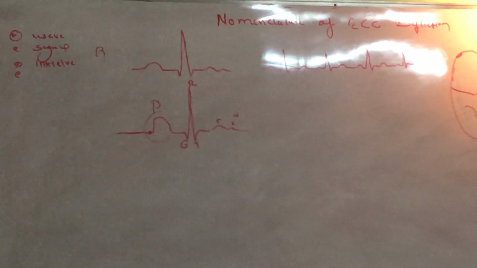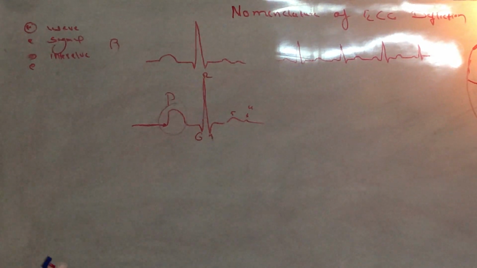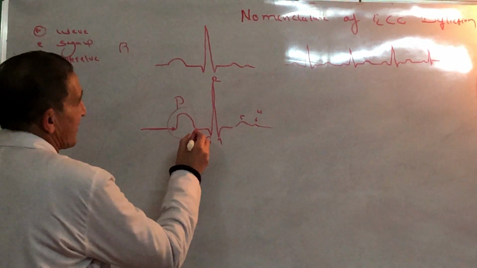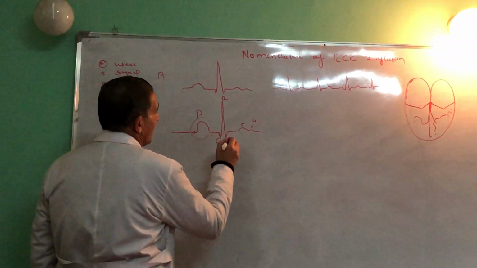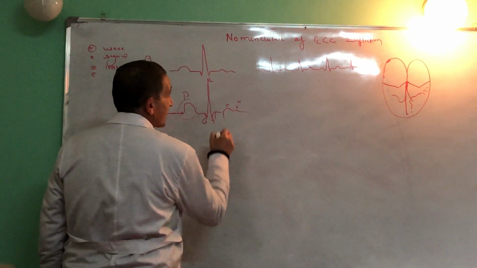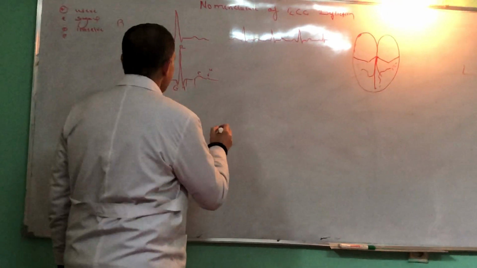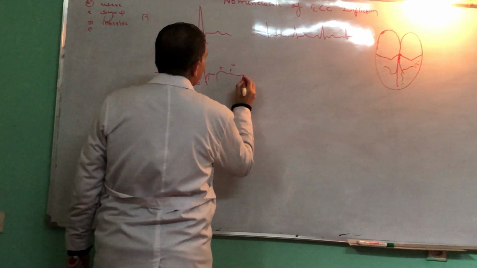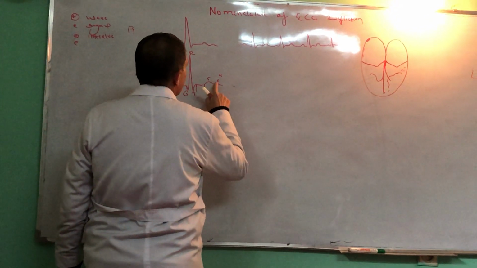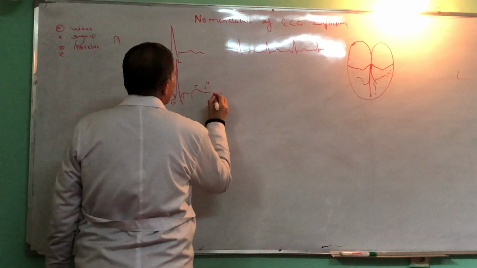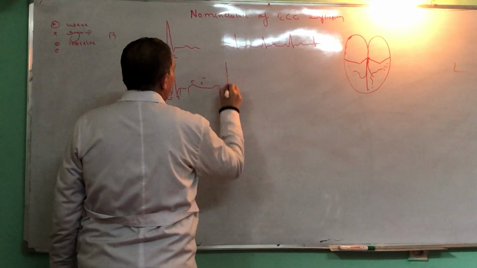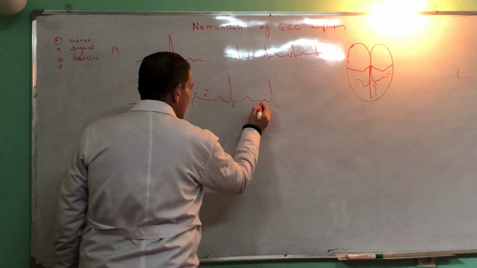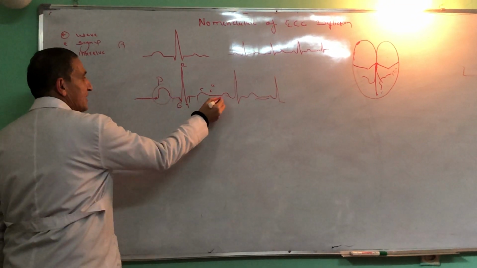So this was about one cardiac cycle. One cardiac cycle is made from 6 waves and 3 segments. The first segment is called the PR segment, and another is the ST segment, and another segment is called the TP segment.